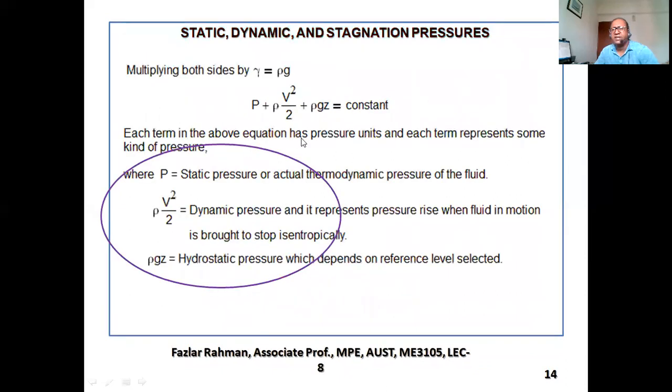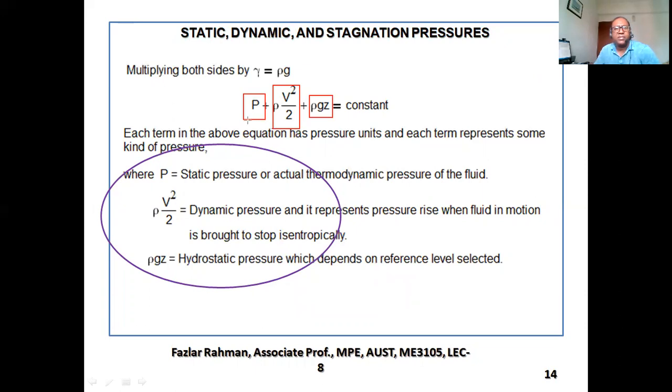If you just rearrange the equation, then rho times V square by 2G is called dynamic pressure, and rho G Z is called hydrostatic pressure. If you make the summation of this one and this one, that is called the pressure line. And if you sum all three, that is called the energy line.